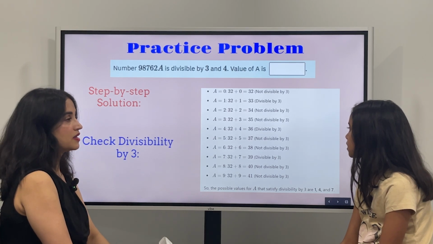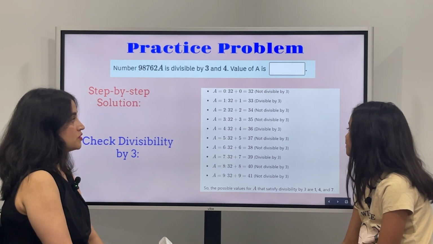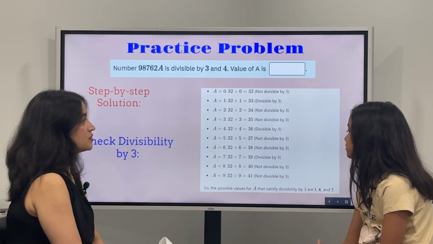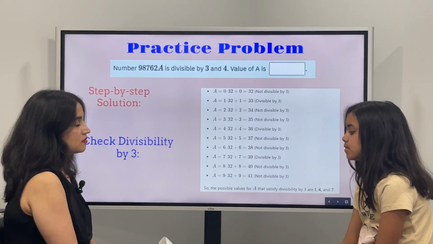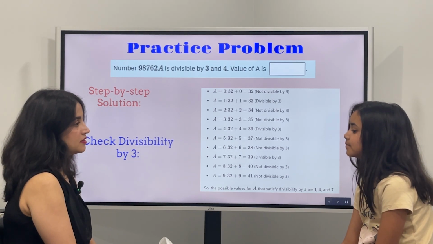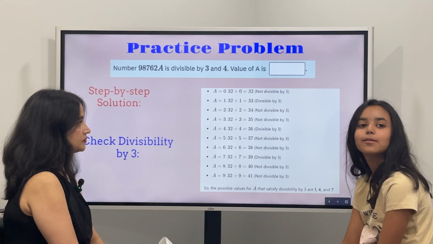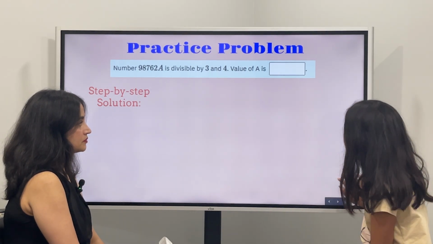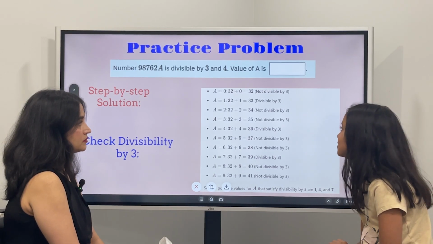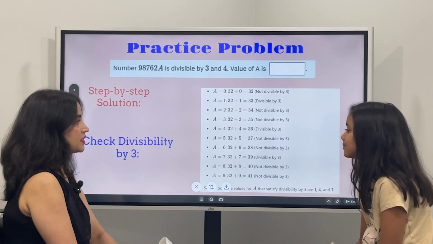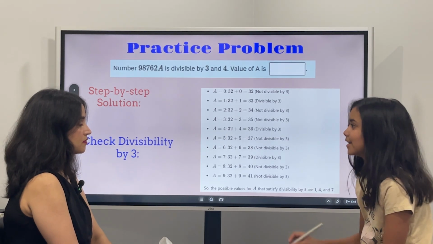Is 32 divisible by 3? No, it's not. If A is 1, 32 plus 1 is 33. Is it divisible by 3? Yes. So 33 is divisible by 3.